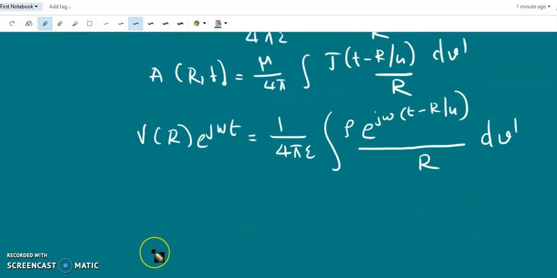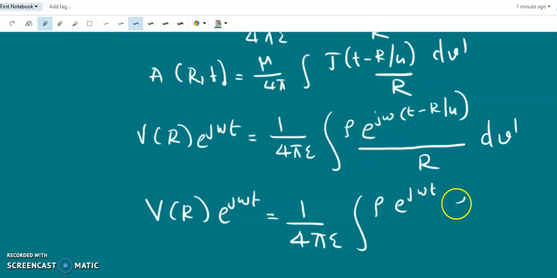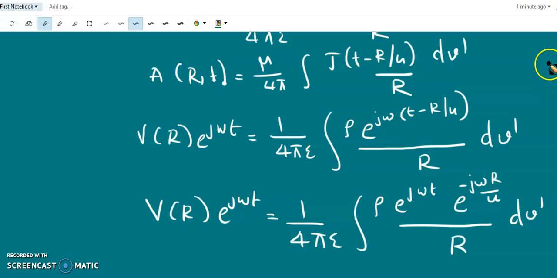So we get V of r e to the power j omega t is equal to 1 by 4 pi epsilon integral rho into e to the power j omega t e to the power minus j omega r by u divided by r dV prime. Omega by u is nothing but the wave number k.